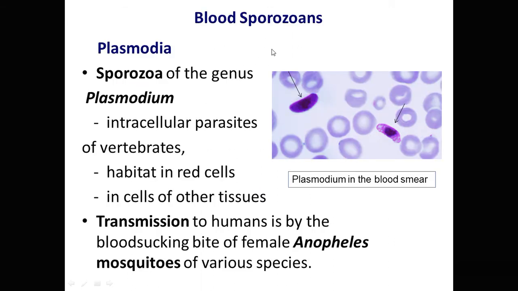And now let's move to another sporozoan, Plasmodium, that causes malaria. It is transmitted through Anopheles mosquitoes, and Plasmodium species are also intracellular parasites. They can live in red cells and also in the cells of other tissues.